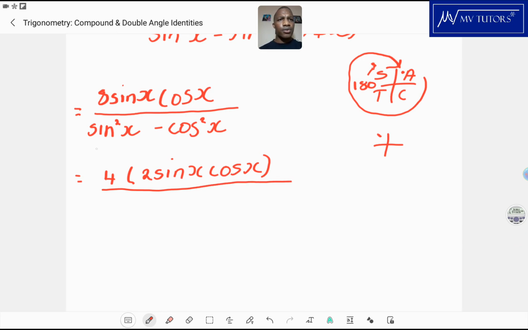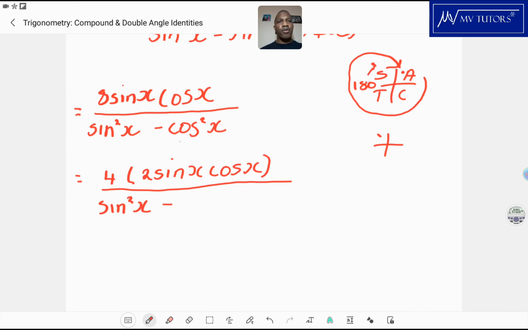Now what we're going to do, we need to manipulate what's going on down here. It depends on experience what you choose to manipulate.